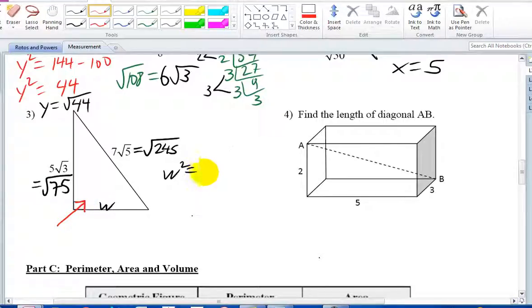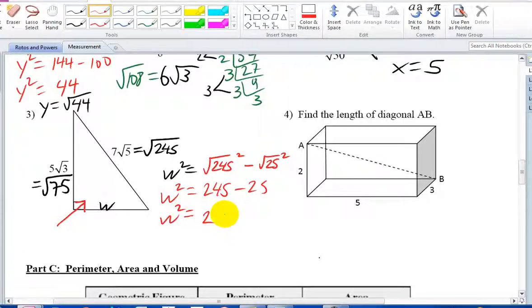So we have square root 245 squared minus square root 75 squared. Okay. So 245 minus 25, W squared equals 220. Oh, stand by 1. Oh, 75. Thank you.